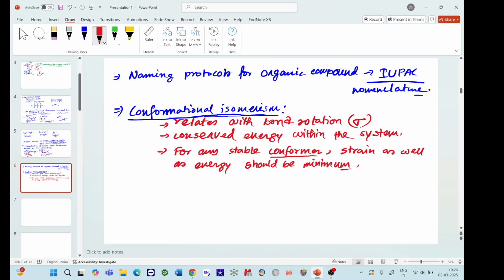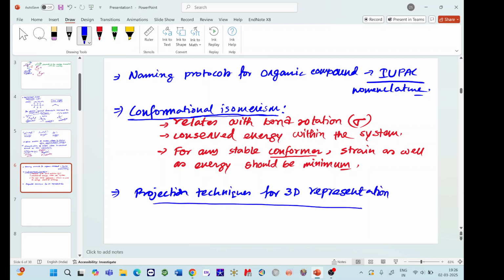Just for your example, I will draw this one. There are some projection techniques for 3D presentation.